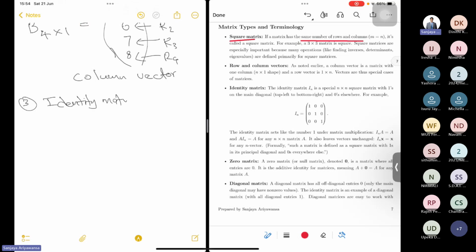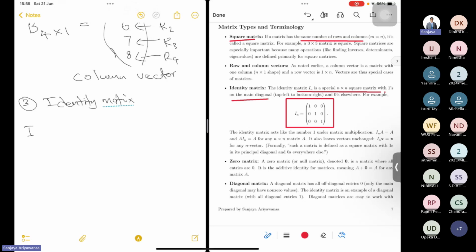What is this identity matrix? It says the identity matrix I_n is a special n by n square matrix. First and foremost, the identity matrix is also a square matrix, but it has ones on the main diagonal. This is an example of an identity matrix which is 3 by 3.